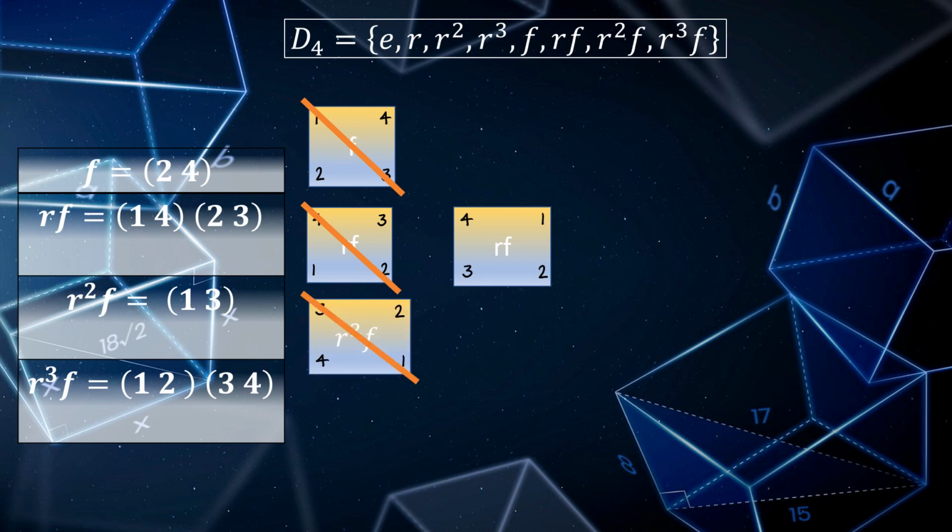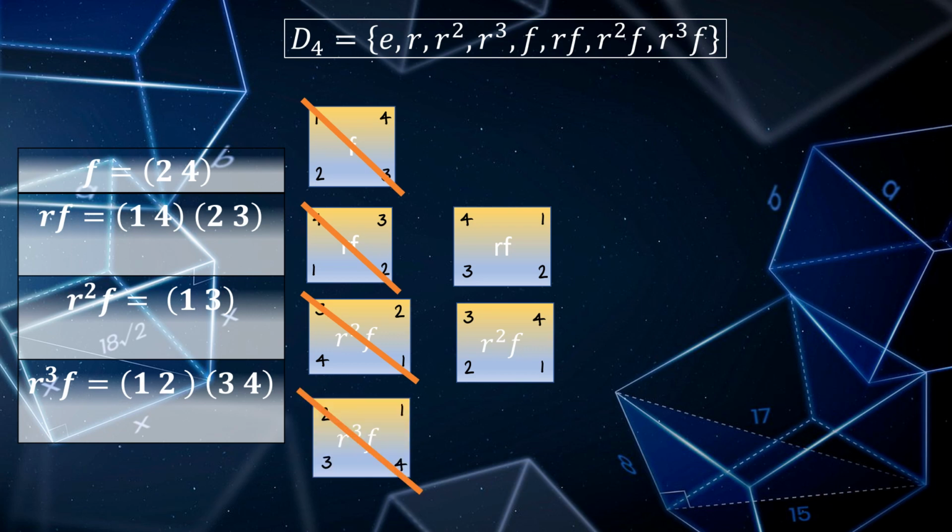Next, R squared F. Rotate 180 degrees, then flip 4 and 2. Therefore, our permutation is 1 goes to 3. Next, R cubed F. Rotate 270 degrees, then flip 3 and 1. Therefore, our permutation is 1 goes to 2 and 3 goes to 4.